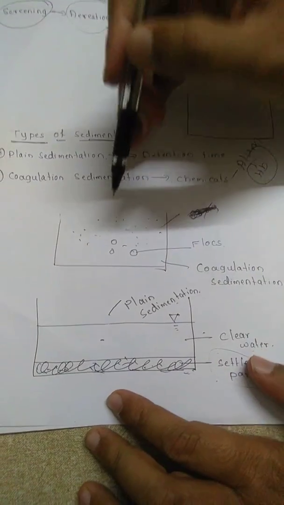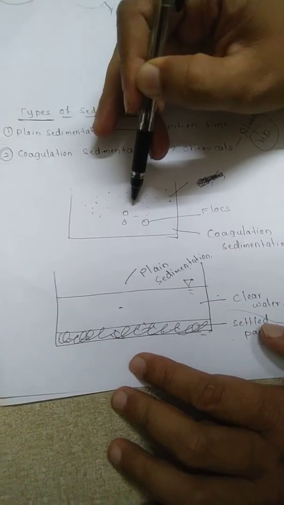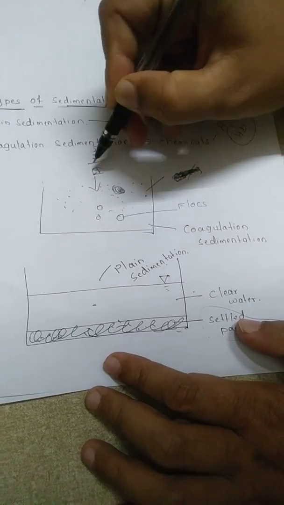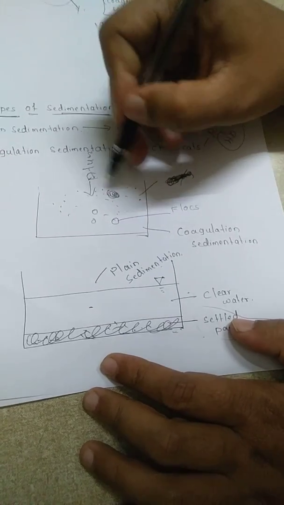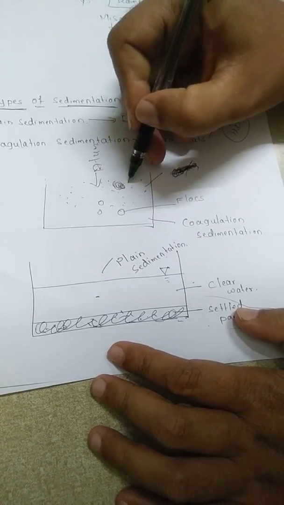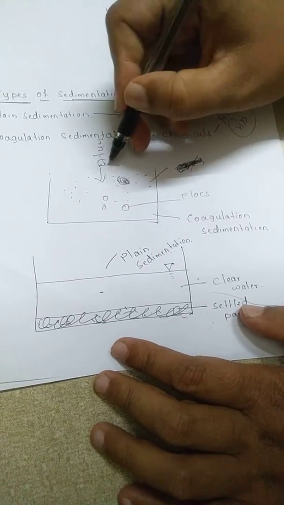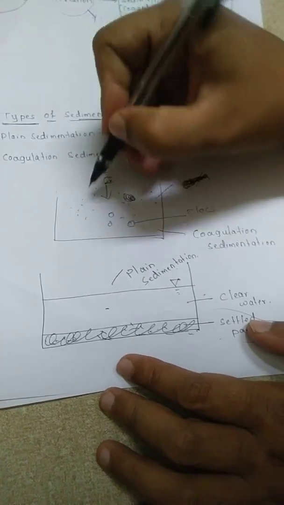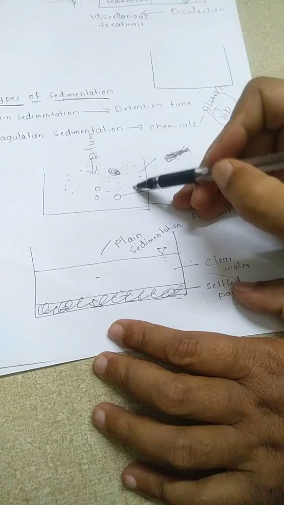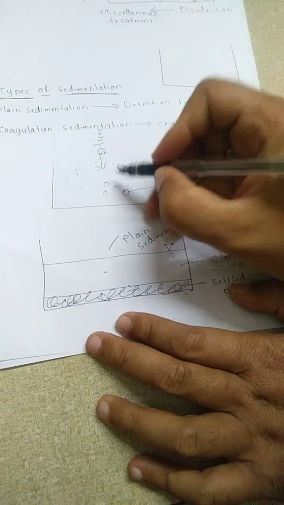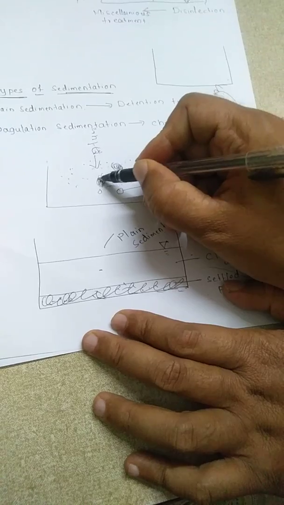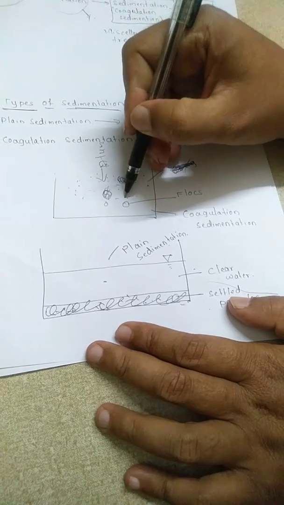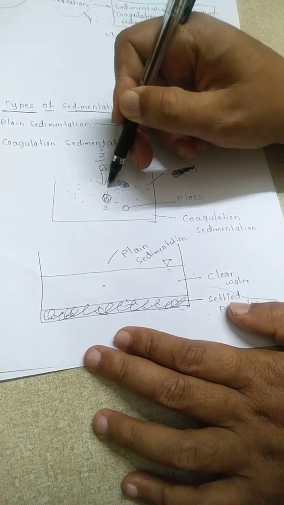What happens is these particles will always remain in suspension, and after adding alum, this is differently charged and this is differently charged. When they are differently charged, they react with each other, and since they are oppositely charged, they attract, and these suspended particles come together and increase their size as a force of attraction is created between the alum with water and these suspended particles.